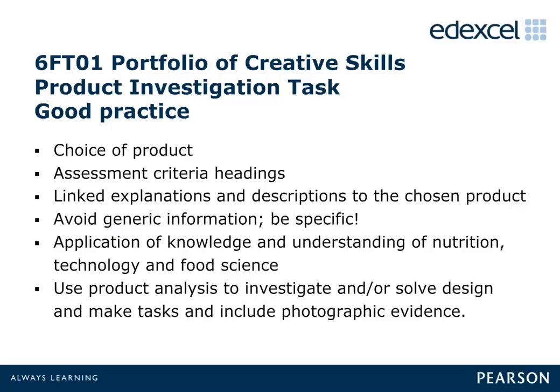6FT01 good practice. 3 discrete, separate tasks should be presented: investigation, design, and manufacture. Specification points should relate to form, function, user requirements, performance requirements, scale of production, and cost.